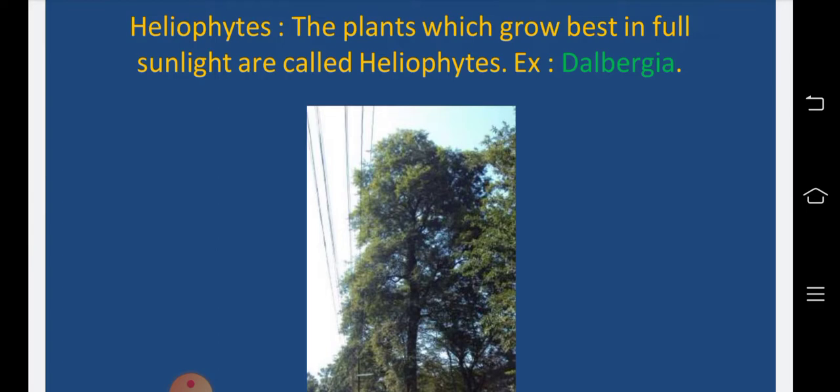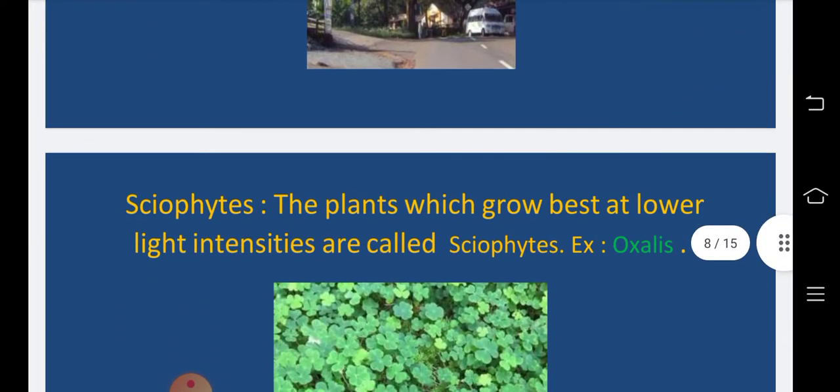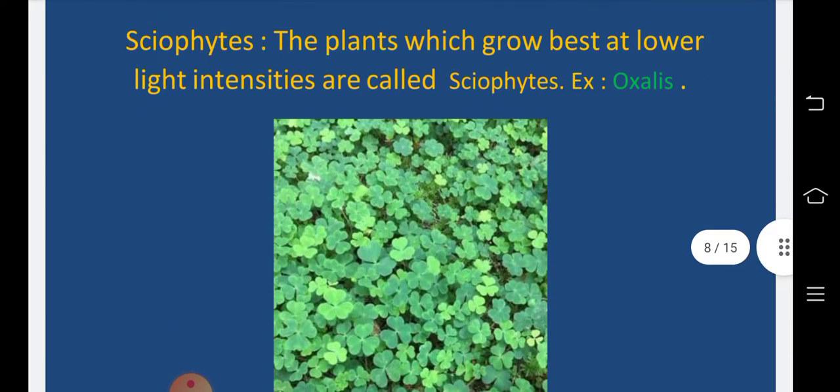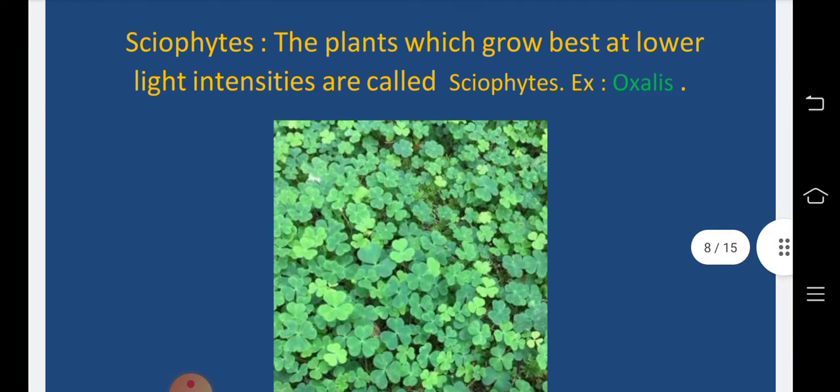Example, Dalbergia. The plants which grow best at lower light intensities are called sciophytes. Example, Oxalis. They need very low light intensities, so we can say these plants grow in very shady places.